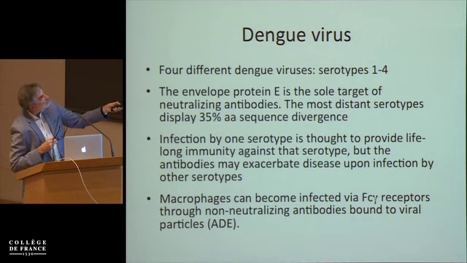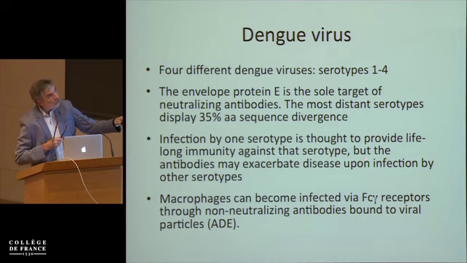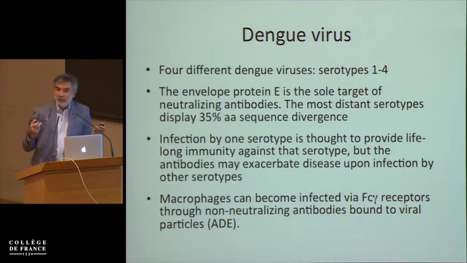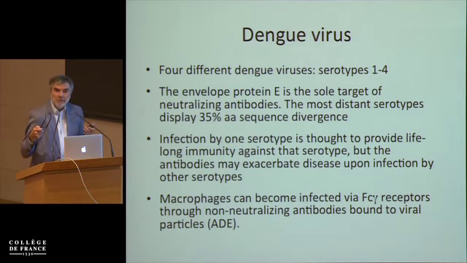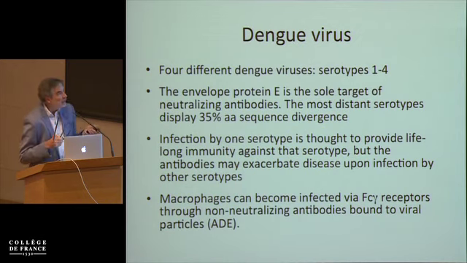Infection by one serotype is thought to provide lifelong immunity against that serotype, but the antibodies that you make may exacerbate disease upon infection by other serotypes. This has been a problem in developing a vaccine, because you might be putting people at risk of more serious disease when they catch dengue from another serotype.